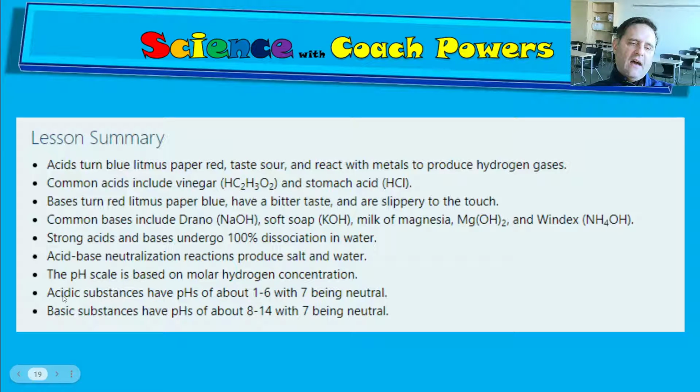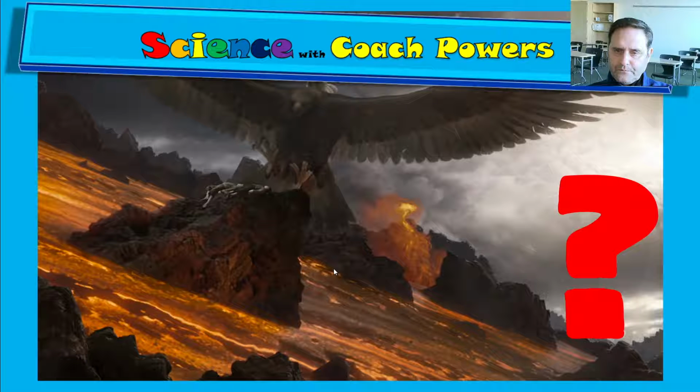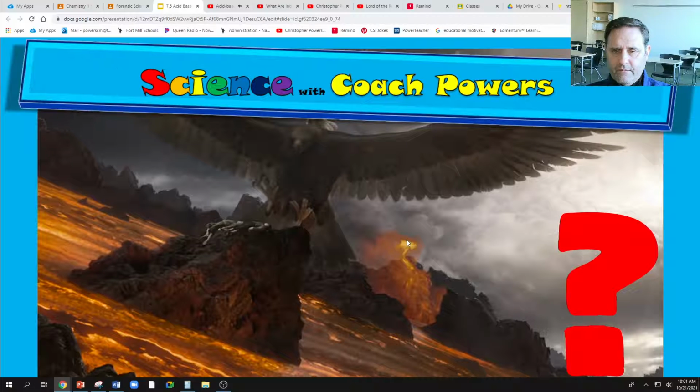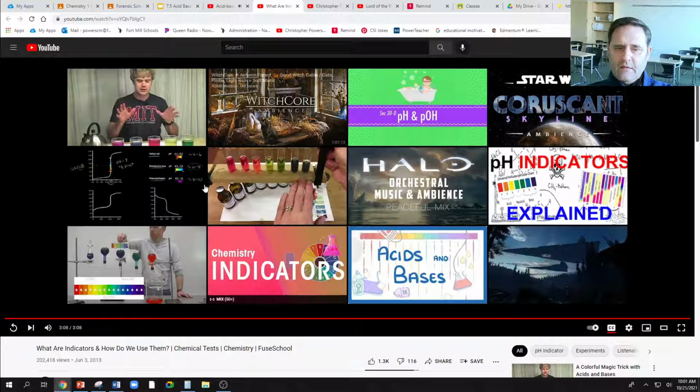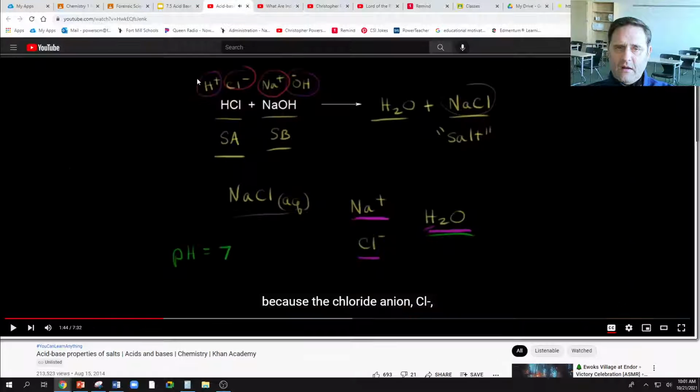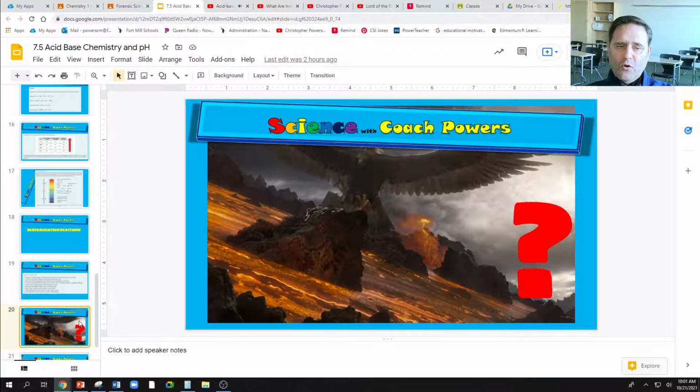How concentrated is the hydrogen ion concentration, your pH? Acidic substances are 1 through 6, 7 being neutral, and basic substances are 8 through 14. You might think the chloride anion could function as a weak base and take a proton from water. However, that's not really going to happen very well because of the chloride anion. Sorry, that guy was still talking, but hopefully you summarized this.